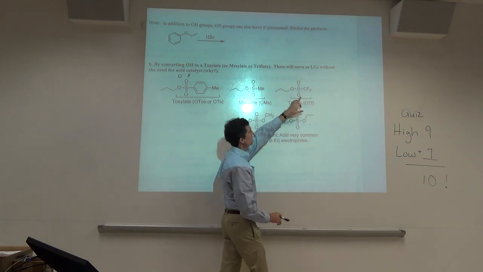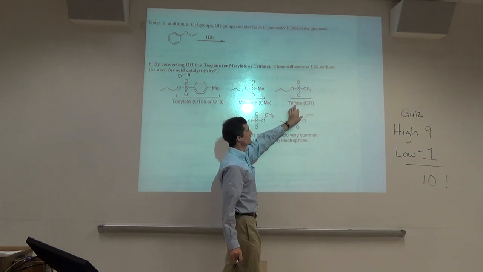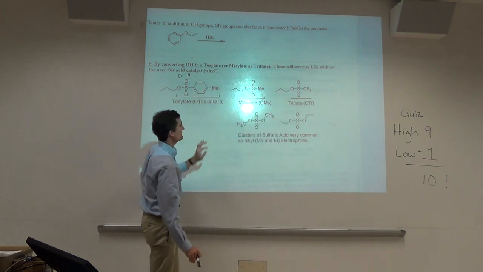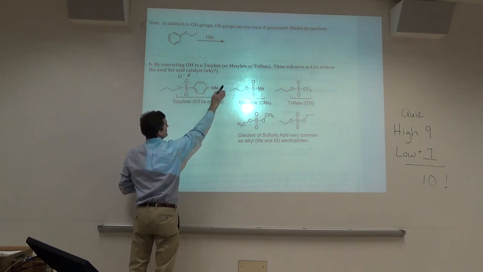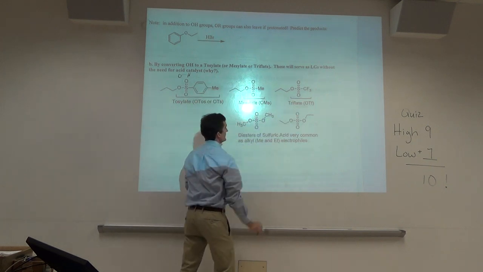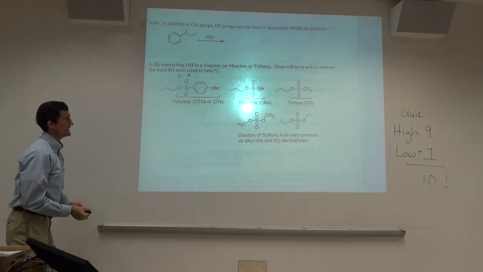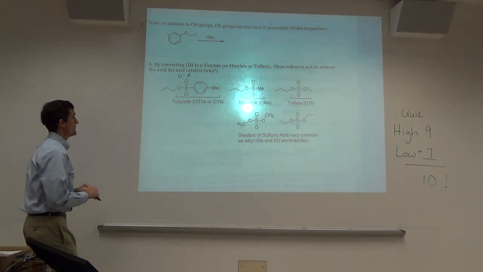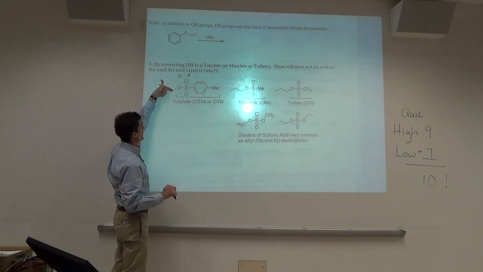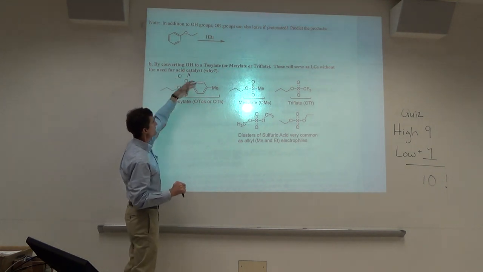CF3 is a trifluoromethyl called a triflate. These are all the same type of thing. The oxygen is bound to a sulfonyl with essentially an R group, toluene, methyl, or CF3. These are great leaving groups, just as good as iodine and bromine. But ultimately, the oxygen is leaving the carbon. OH won't leave, these will.